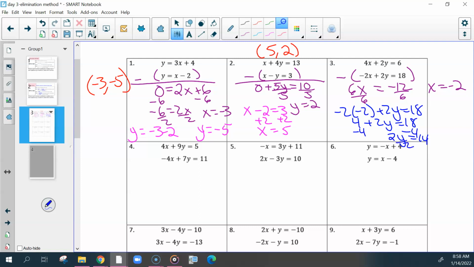And divide both sides by 2. -2, 7 would be our answer there. Questions on number 3?